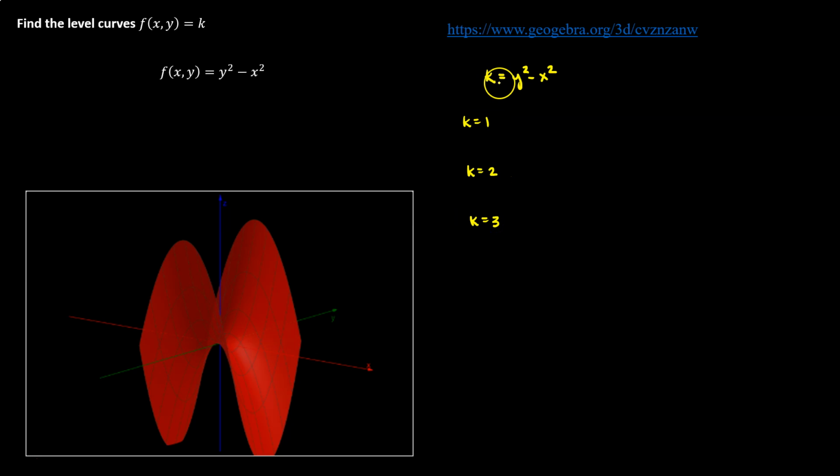Well, if k is equal to 1, this just looks like a hyperbola. If k is equal to 2, we could make it look like a hyperbola simply by dividing the entire equation by 2. Same for k equals 3. If we divide the entire equation by 3, we would get another hyperbola.